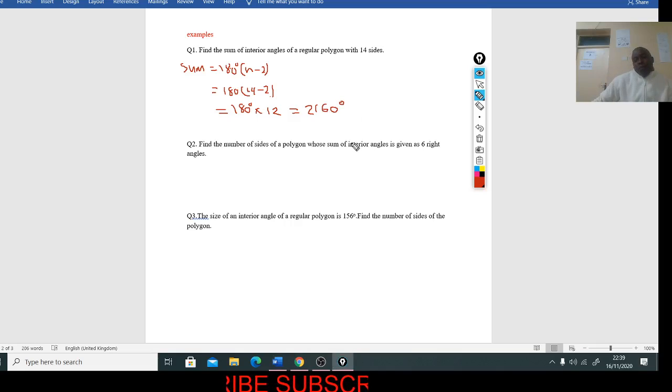That's the sum of interior angles of this regular polygon with 14 sides.